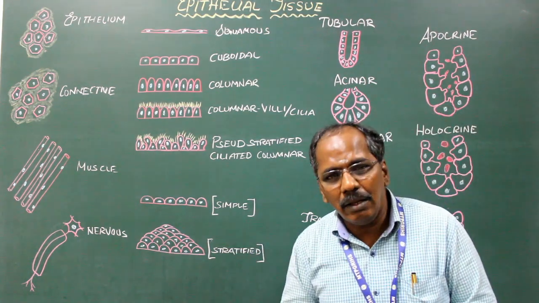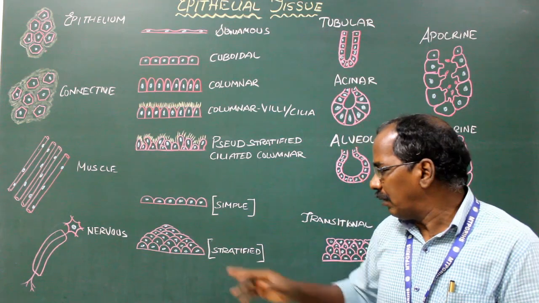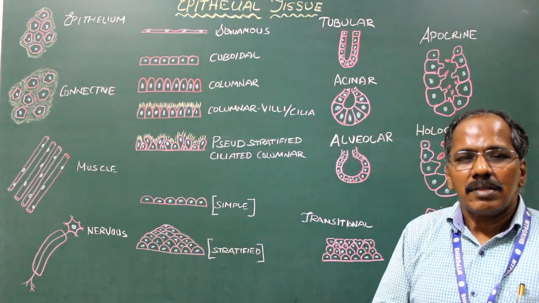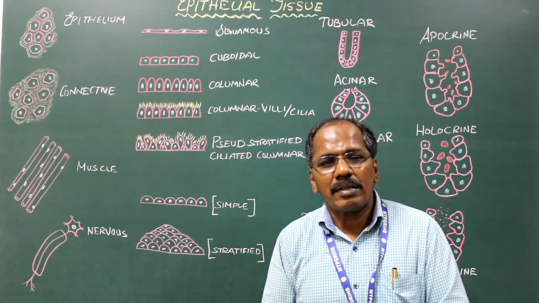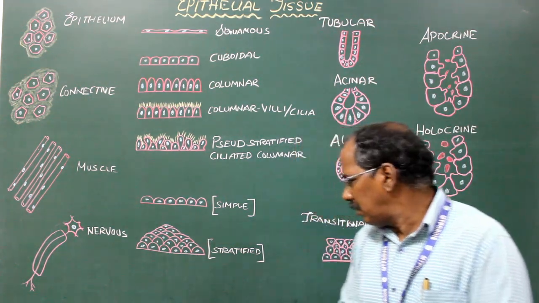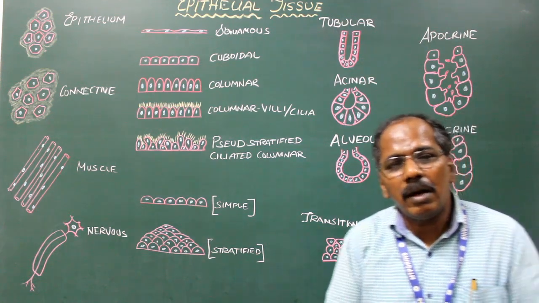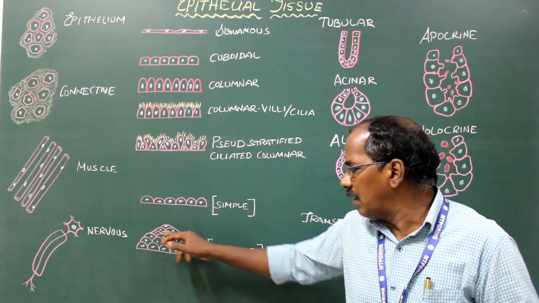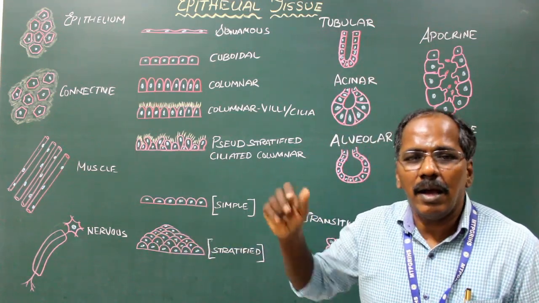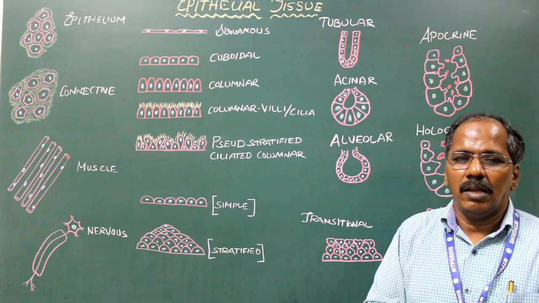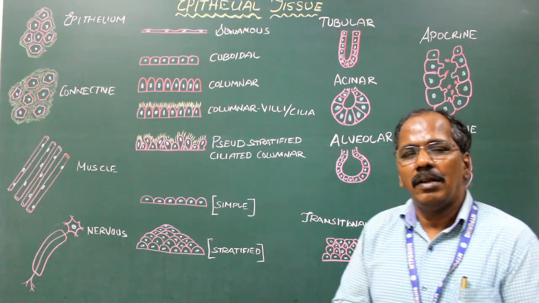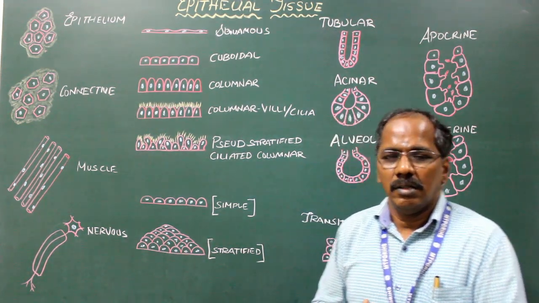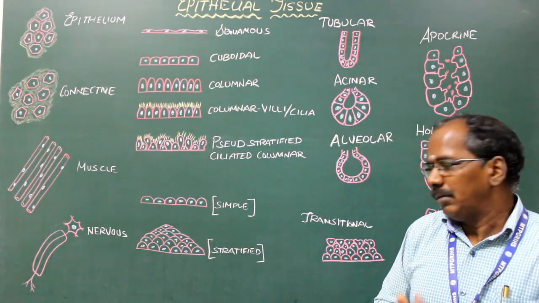Stratified cuboidal epithelium: the superficial most cells are cuboidal in nature. Example: seminiferous tubules and ducts of sweat glands. Stratified columnar epithelium: the superficial most cells will be columnar in type. Example: ducts of large glands, salivary glands and conjunctiva.